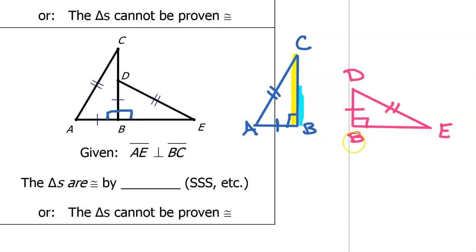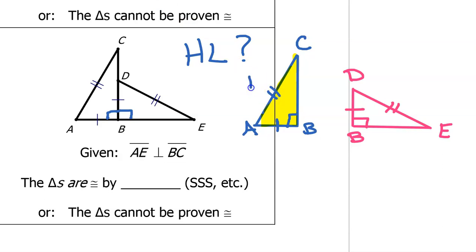So now we can do the problem. These are right triangles, so I should stop and ask myself, is this going to be hypotenuse leg? Well, let's focus on one triangle at a time again, and let's focus on this triangle.